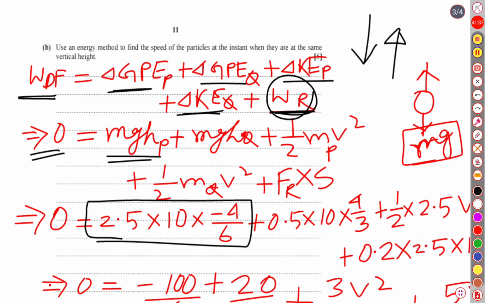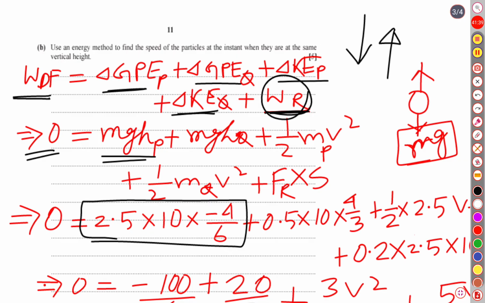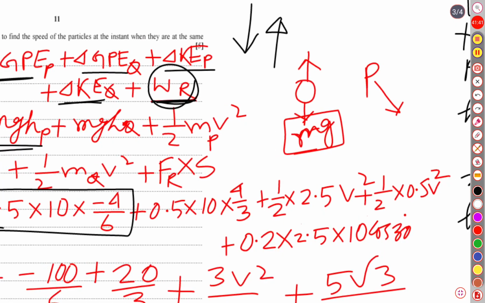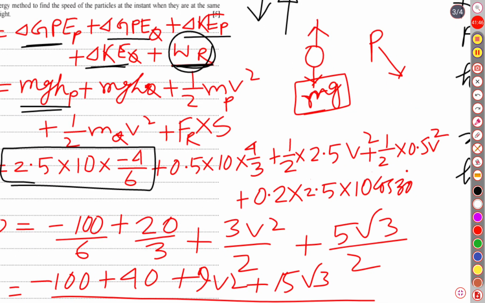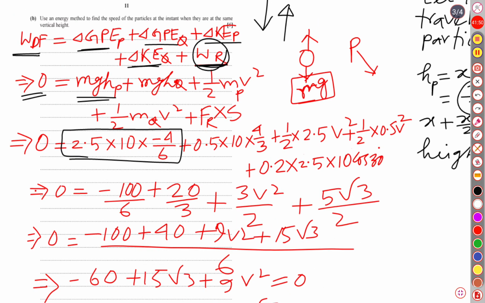For the resistance force, we have calculated only the resistance force of P. Why not Q? There may be a question which can arise in your mind. The answer to your query is that P is pulling the string. Suppose P is here, P is pulling upward. So for P, the tension is working downward.